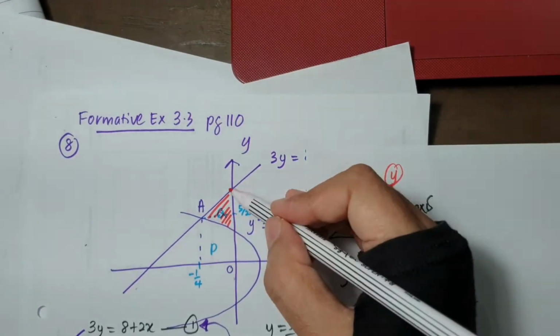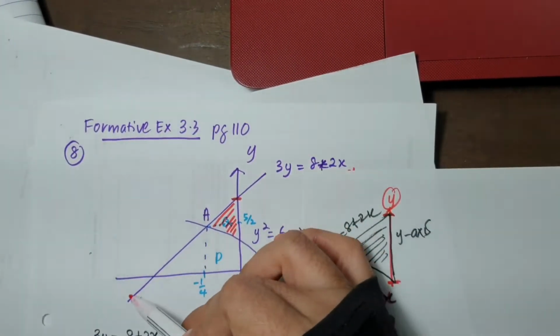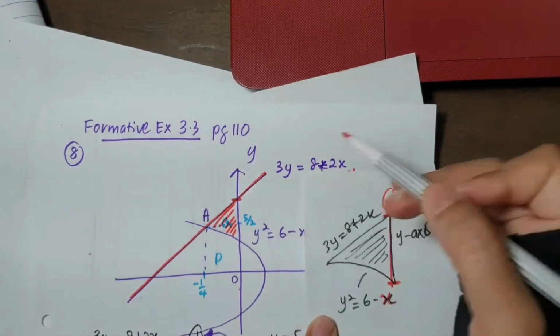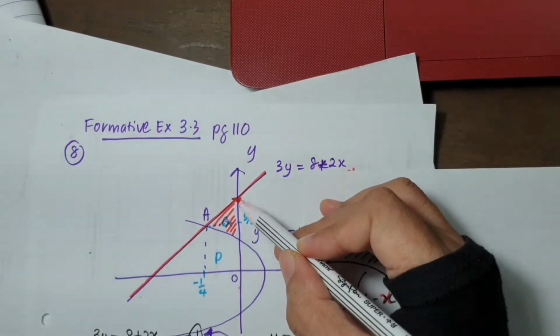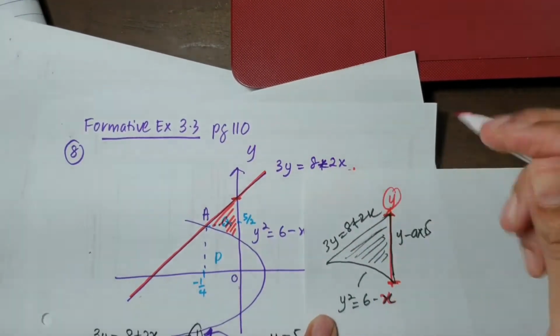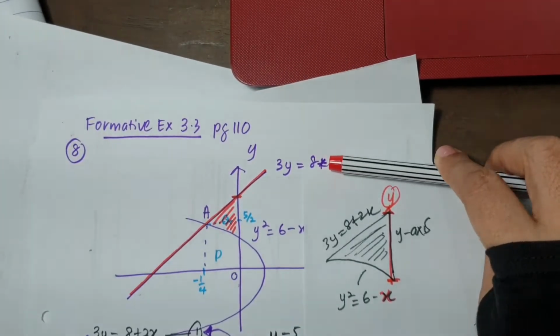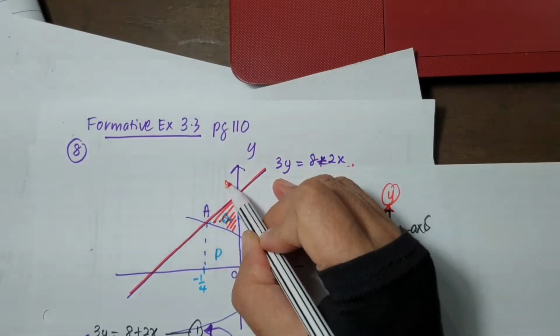The value here is the y-intercept of this straight line. On the y-axis, x is always 0. If x is 0, you will get y equals 8/3. So here is 8/3.